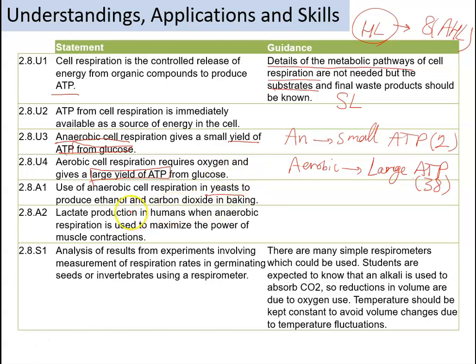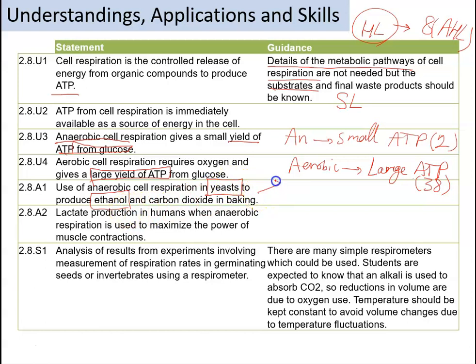There are so many other processes and stages that will happen. First of all, if there is no oxygen, it happens in your muscles. So without oxygen, your muscles start to produce lactate, not ethanol. Don't be so happy. You don't produce ethanol in your muscle. You produce lactic acid. But in yeast it is different. Yeast produce ethanol when there is not enough oxygen.